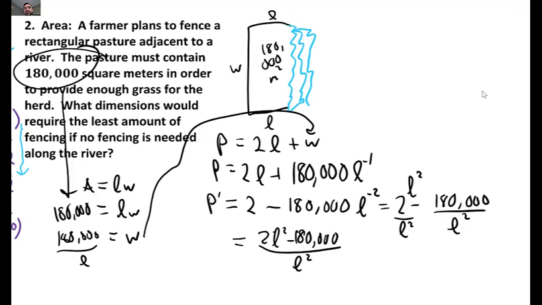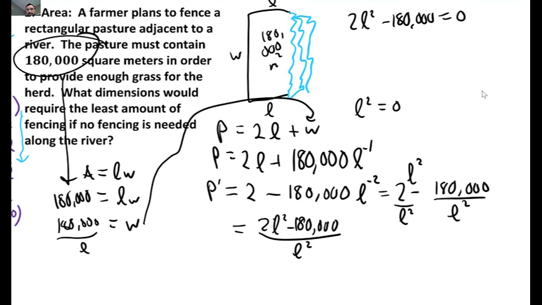Because a fraction is going to equal 0 when the numerator equals 0, that's going to be some critical numbers, and when it's undefined, that's when the denominator equals 0. So it looks like we're going to have critical numbers for sure at 0, because L equals 0 here. And to solve this one, I'm going to need a couple steps.